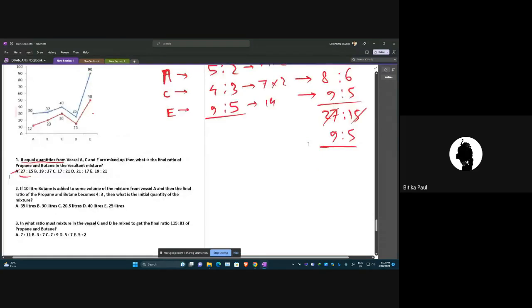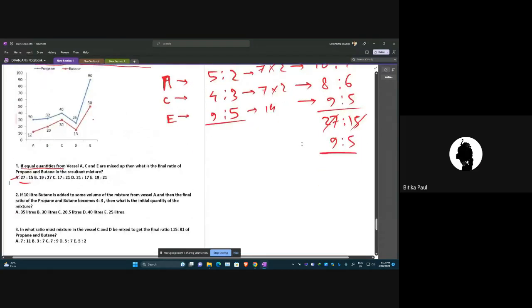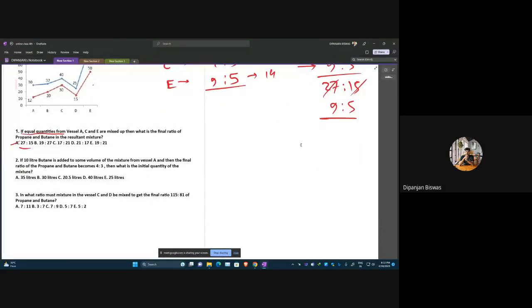I'll just give you another sum to find out the ratio. Suppose two vessels of equal quantities are being mixed. Say alcohol is to water is being mixed for vessel A and B. In vessel A, alcohol is to water was 3 is to 5, and in vessel B, it was 3 is to 2.